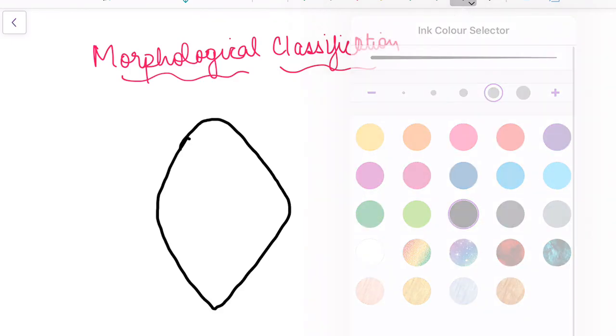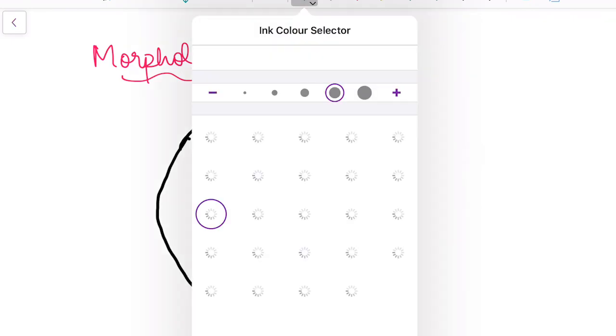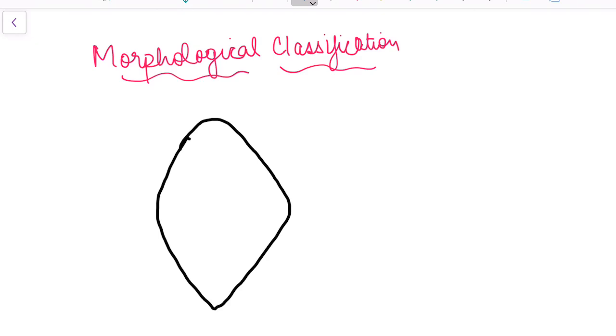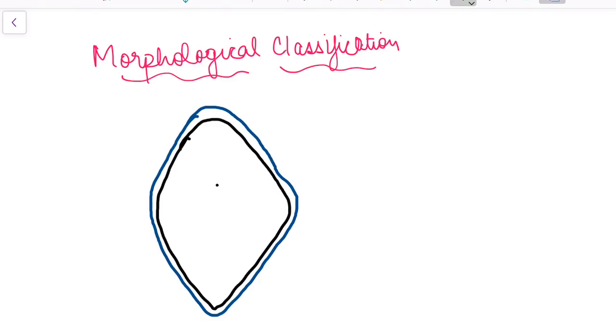So around the lens we have the capsule. Let me draw the capsule. Right. This is the capsule. In the center we have a nucleus, and the surrounding part outside the nucleus is cortex, of course.